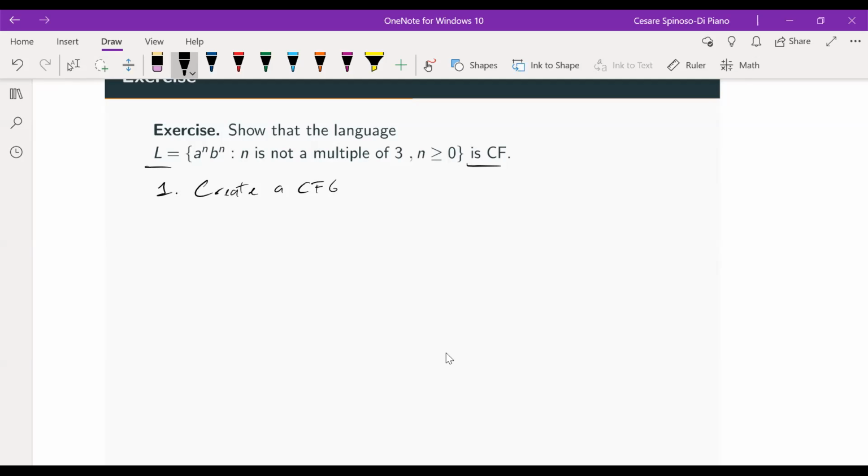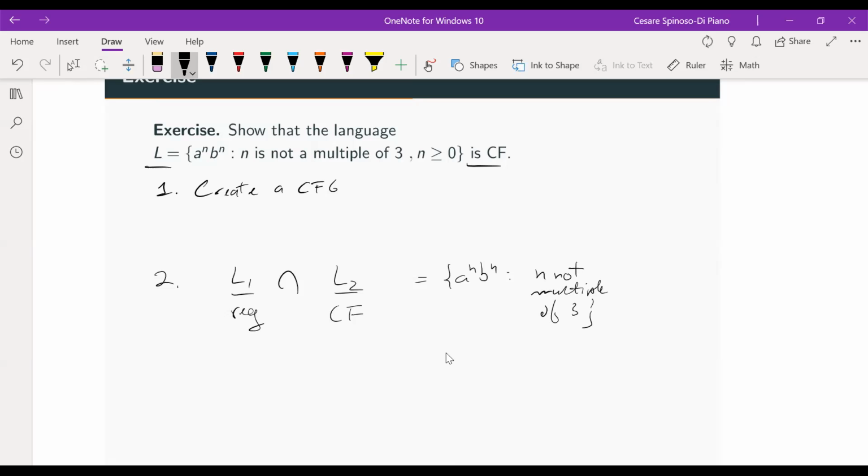The way to do that is you're going to want to take L1, a regular language, and L2, a context-free language, and intersect them so that you get a^n b^n such that n is not a multiple of 3.